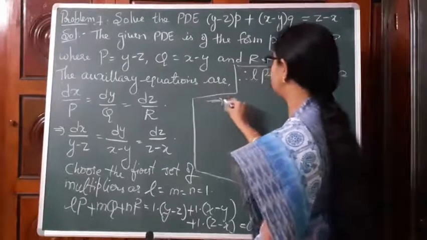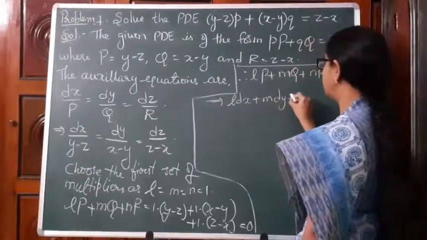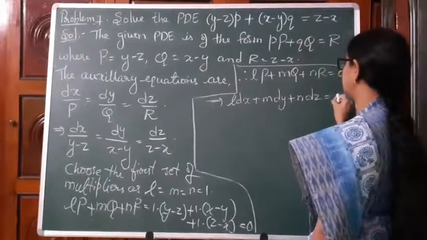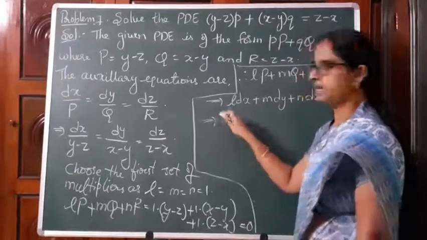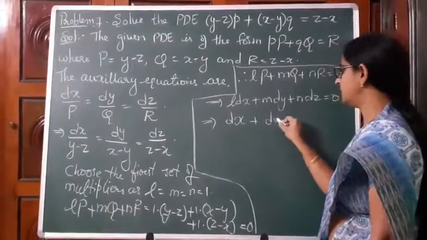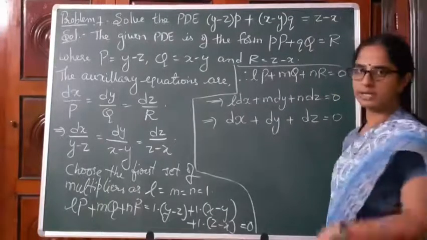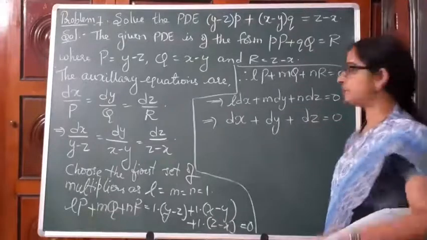So if this is 0, we get l dx plus m dy plus n dz is equal to 0. That means l is 1, so dx, m is also 1, dy, n is also 1, dz is equal to 0. So dx plus dy plus dz is equal to 0.